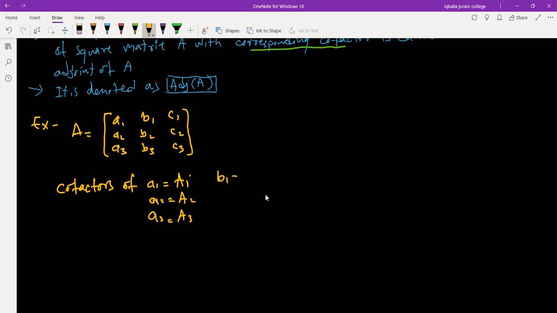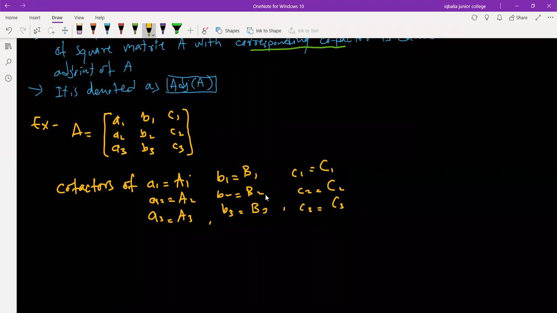Similarly, B1's cofactor is capital B1, B2's is B2 and B3's cofactor is B3. Similarly, C1's cofactor is C1, C2's is C2, C3's is C3.